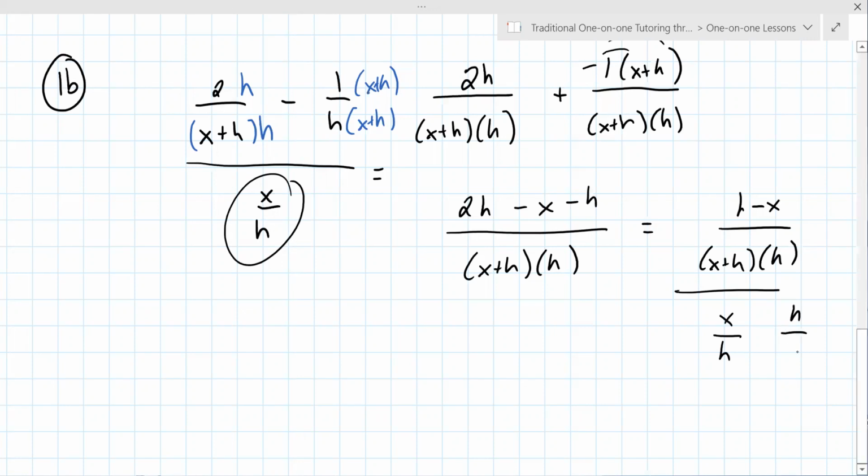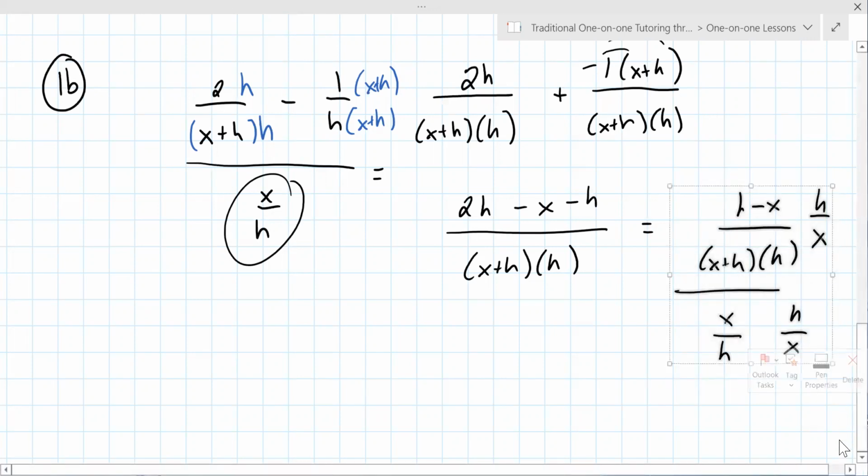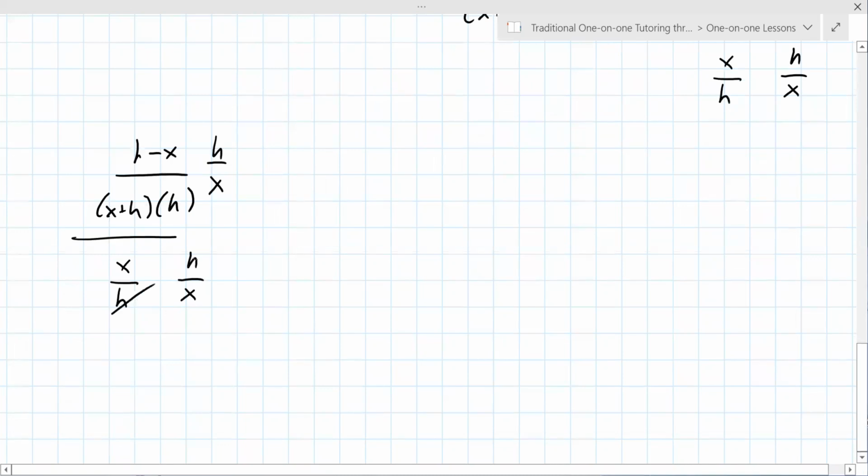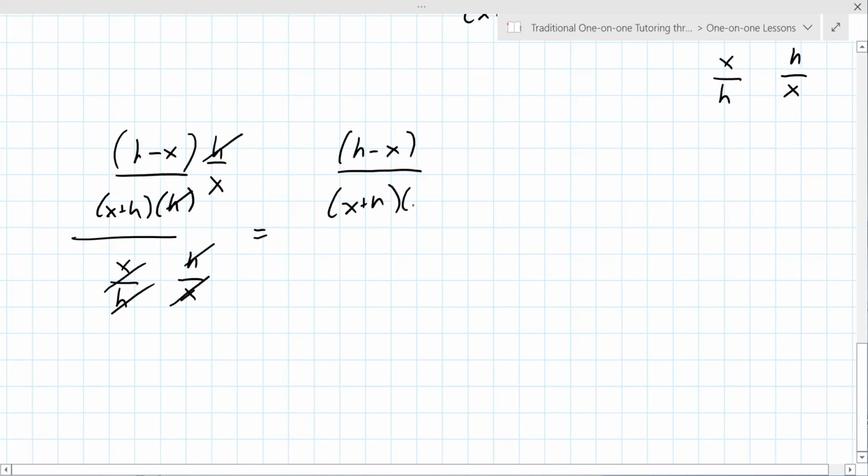Yes. Okay. And I'm going to reframe this because it's a little bit off to the right here. So you do get some cancellations, and in the numerator you also get cancellations, but it ends up being h minus x over x plus h times x.